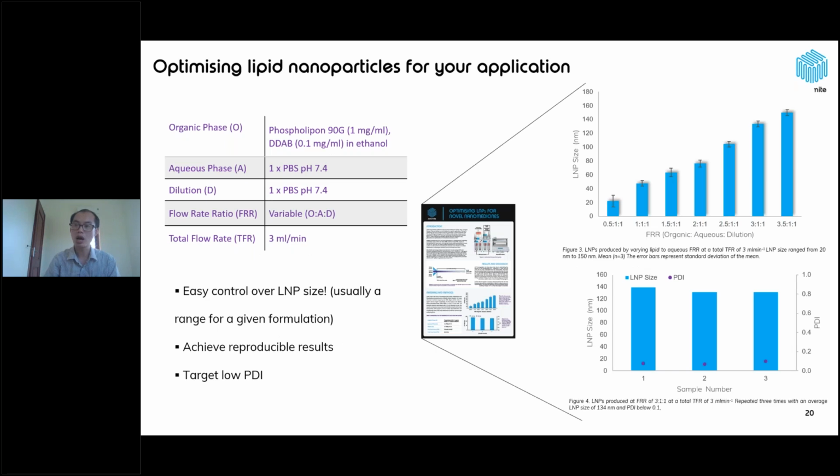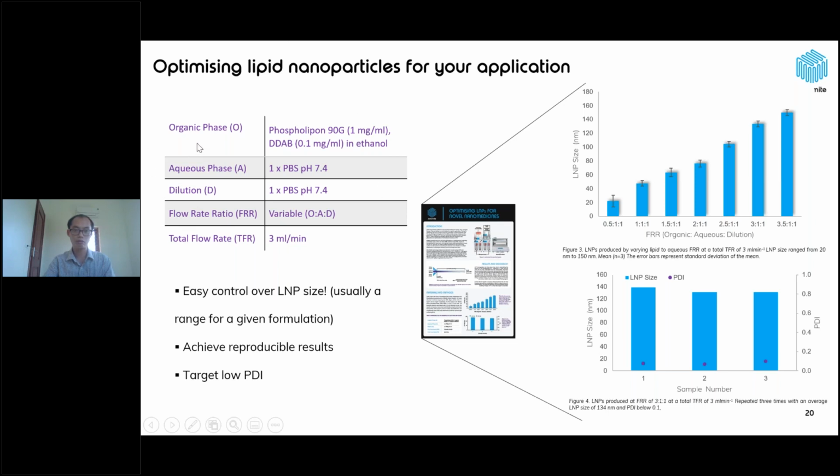Here I am showing some results of formulating liposomes and lipid nanoparticles using the automated nanoparticle system. So here is the condition for our experiment.